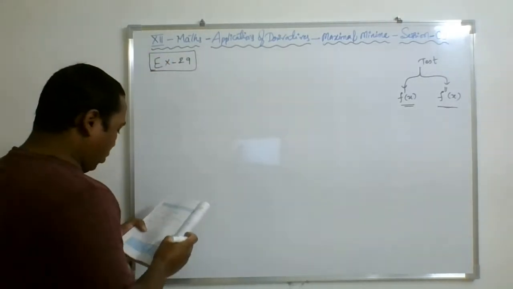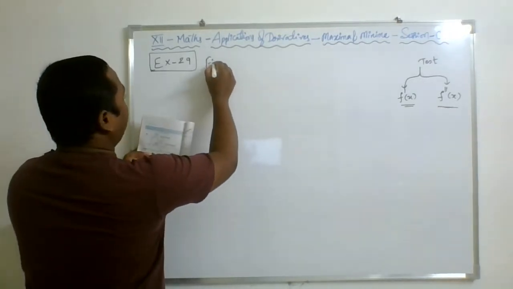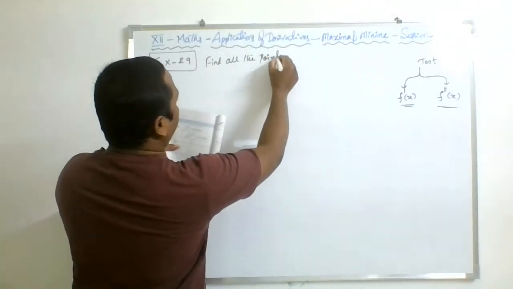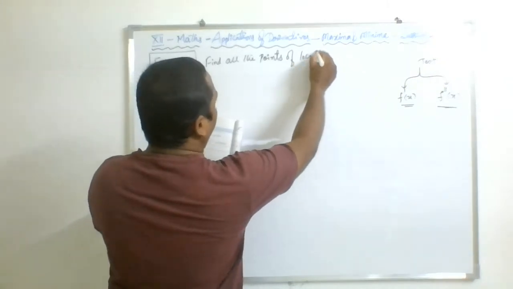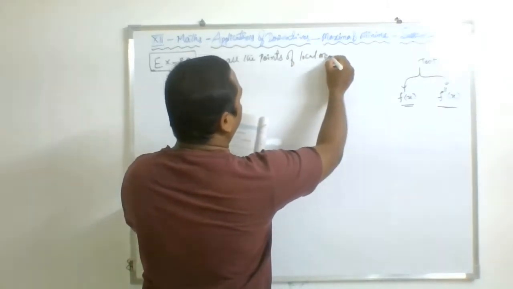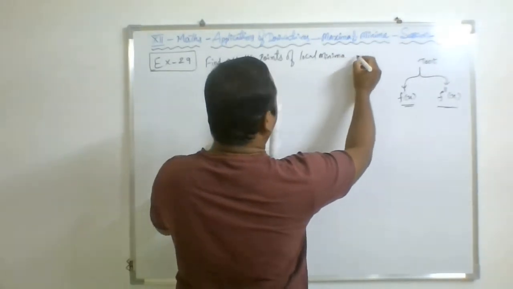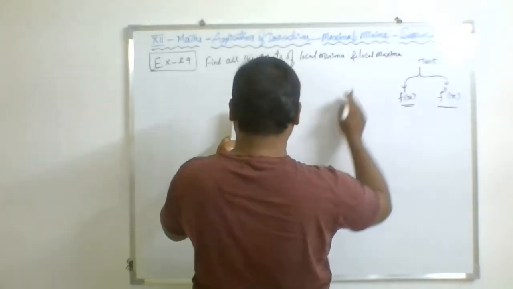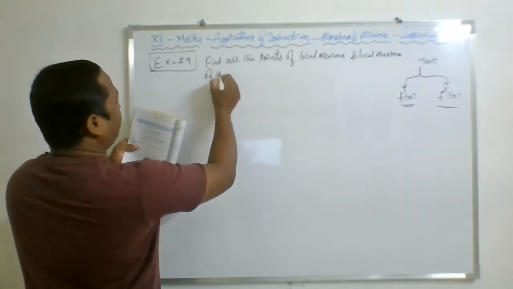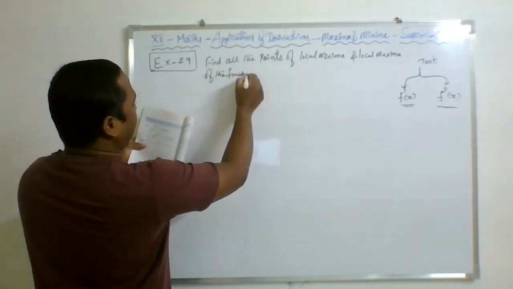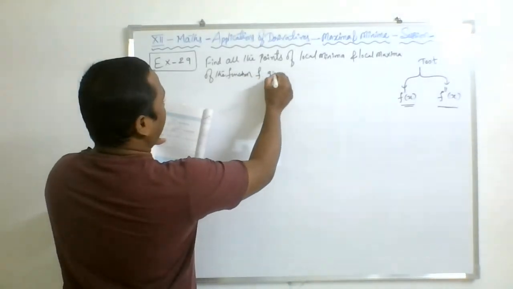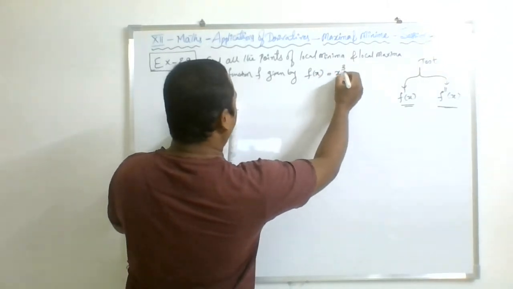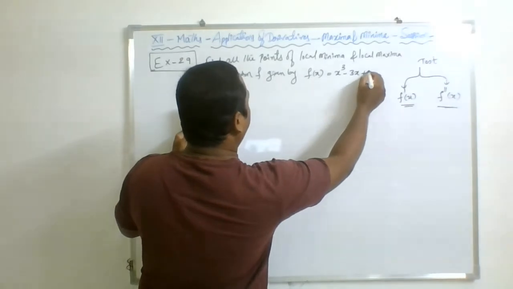The question is: find all the points of local minima and local maxima of the function f given by f of x is equal to x cube minus 3x plus 3.